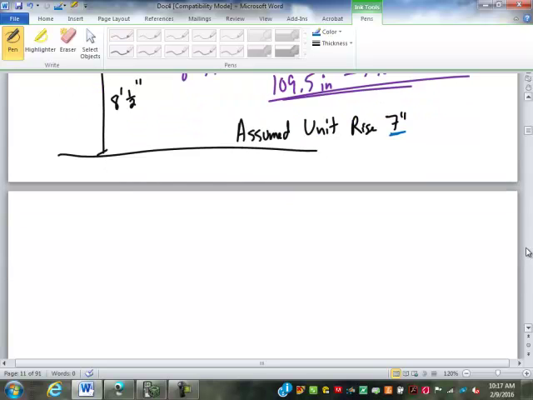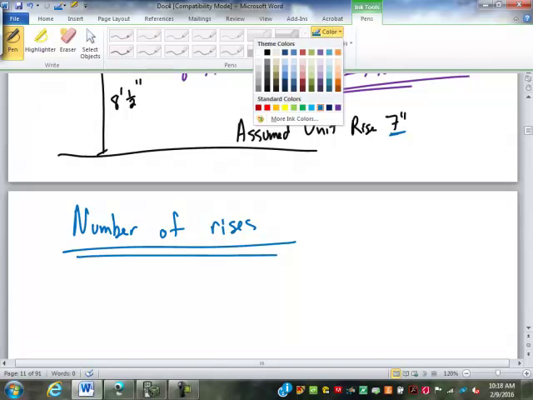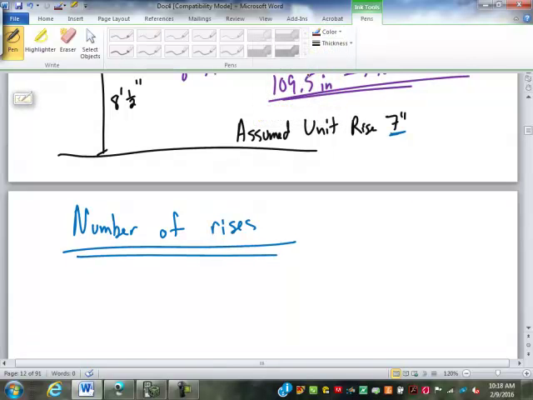So the first thing we're going to do is estimate the number of rises. The number of rises is going to be found by taking the total rise divided by your estimated or assumed unit rise.